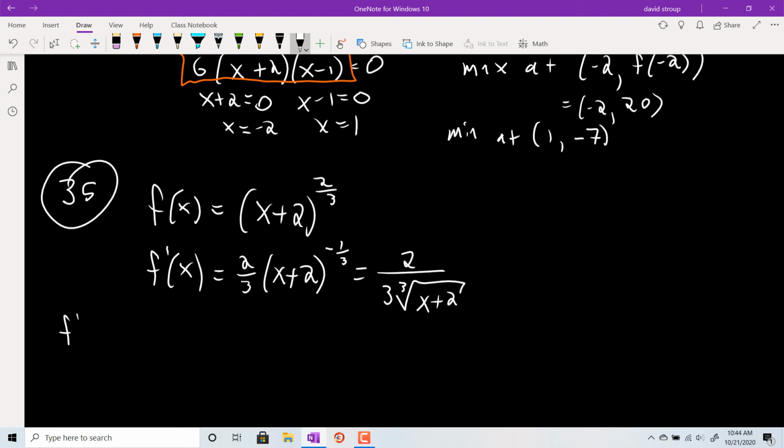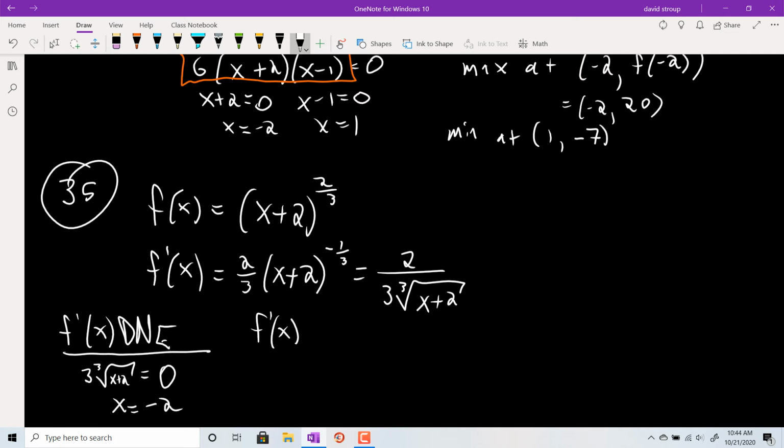So first off, find where the derivative does not exist. And of course, that's going to be where the denominator is equal to 0, and I think it's clear that's just at x equals -2. Where does the derivative equal 0? That never happens, right?